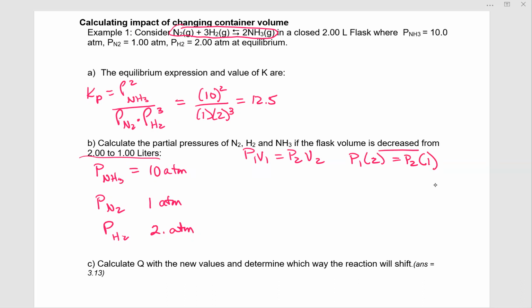And that means that our pressure will double, okay? So we're going to go to 20 atmospheres. We're going to go to 2 atmospheres. And we're going to go to 4 atmospheres. So when we change the volume, what we are doing is changing the partial pressures of the gases that are involved in the equilibrium. So the pressure doubles.